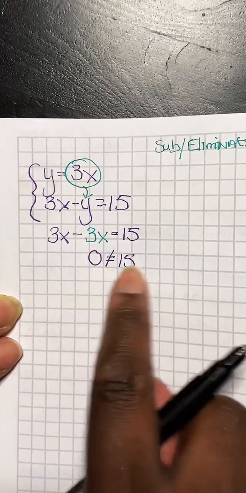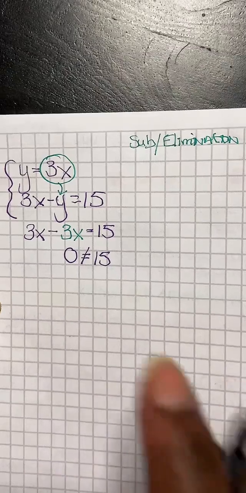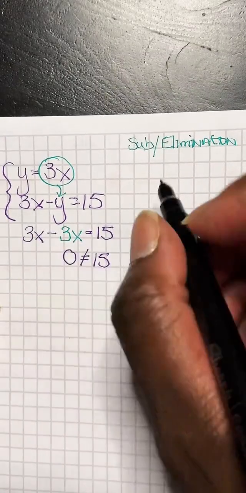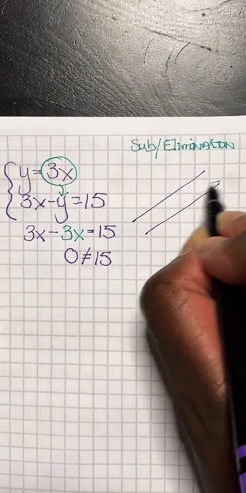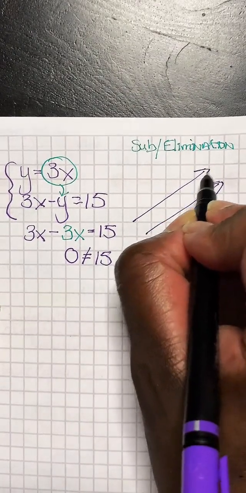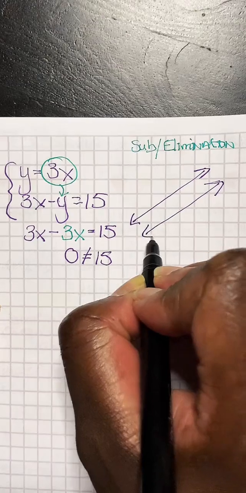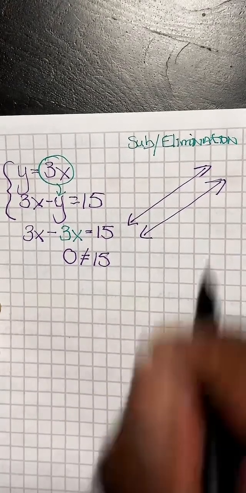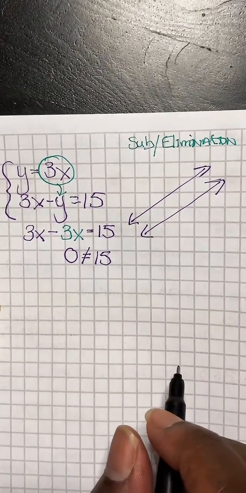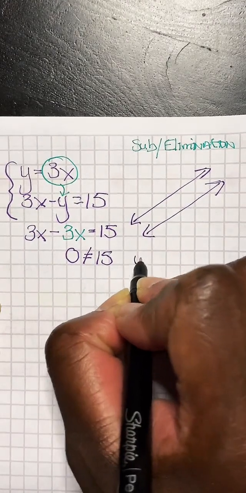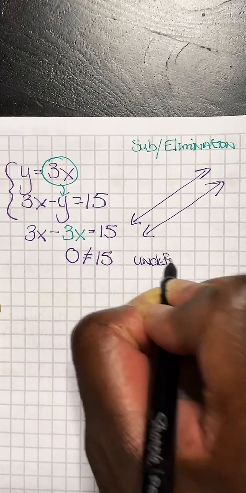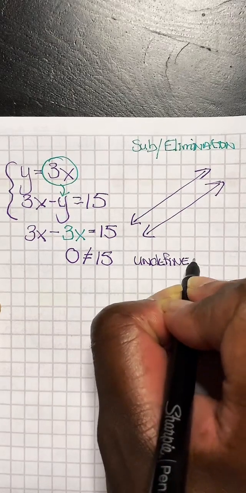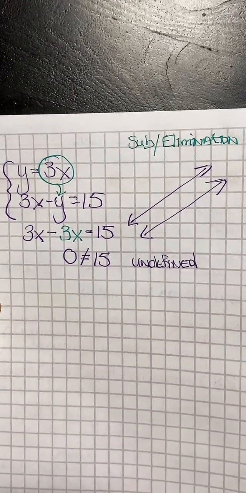Anytime we get a weird answer like this, that means those two slopes, I think both of them are positive, those two lines may be going up and they have the same slope. They're not intersecting at all. So this would be an undefined or a no solution, because the two lines are going to be parallel.